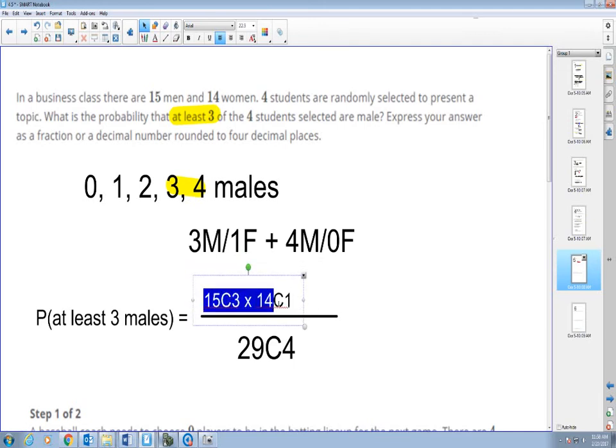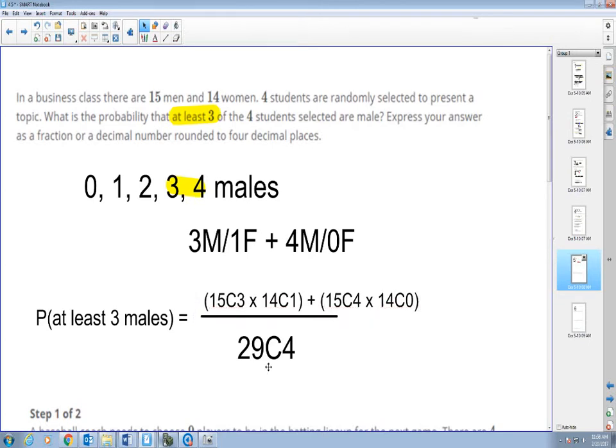I'm going to put this in parentheses so you can see this is one scenario, or I can have 15 male choosing all 4 of them, followed by 14 female choosing none of them. That's my possible scenario. That gives me the number of ways for what I want, out of my total possible scenario down here.